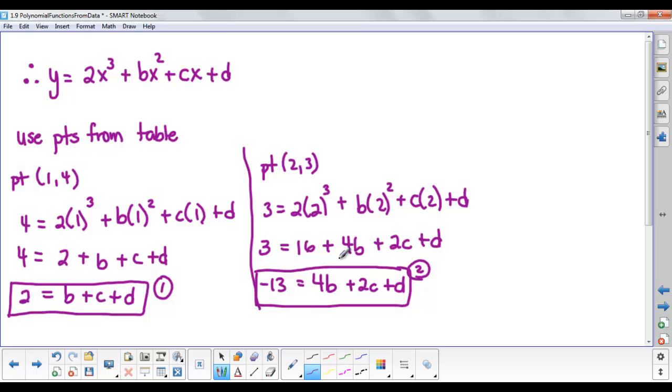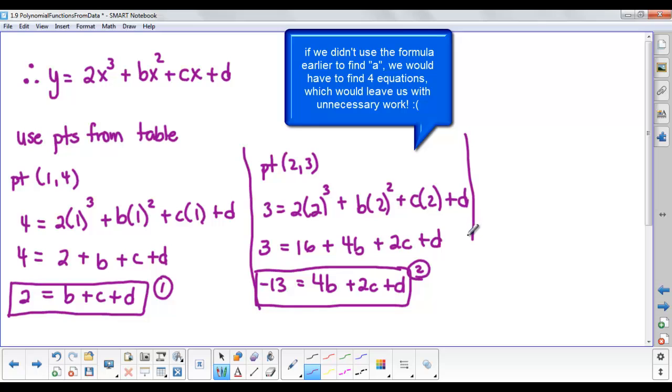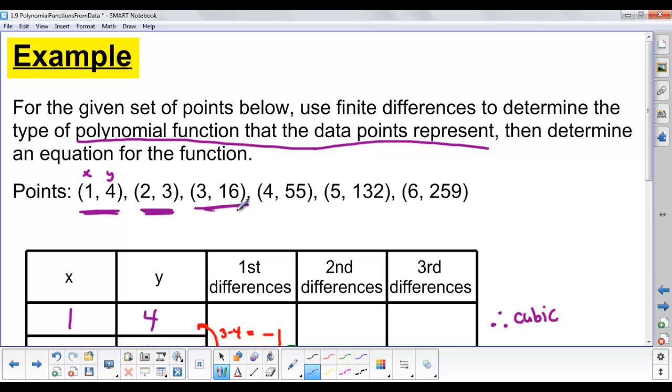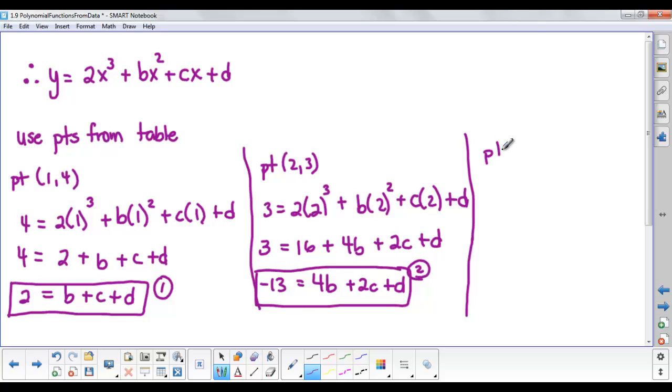Now, because we have 3 variables, b, c, and d, we need 3 equations. So one more equation. I'll go back and grab one more point. So we'll use the point 3, 16. And same thing. So y equals 2x cubed plus bx squared plus cx plus d.